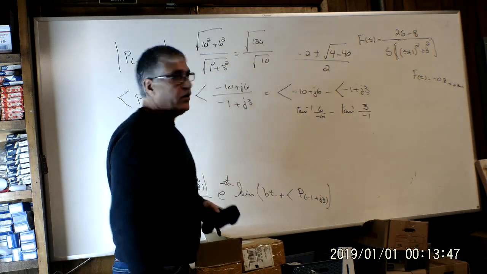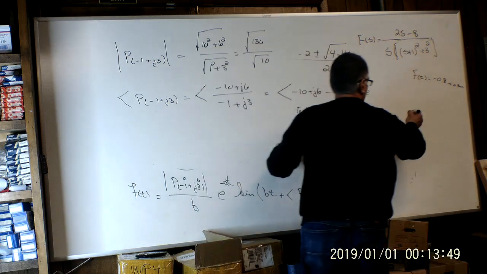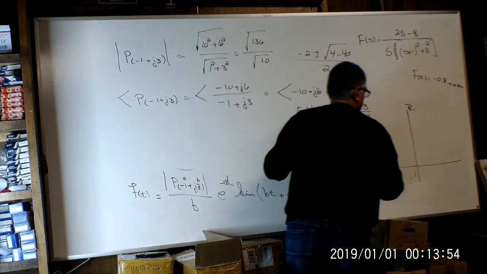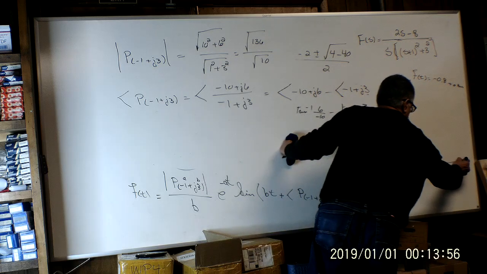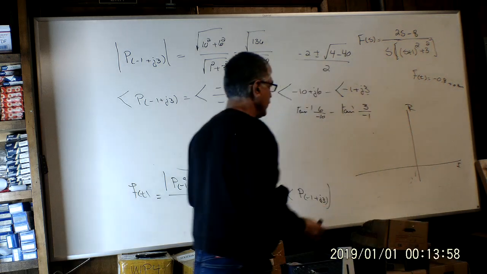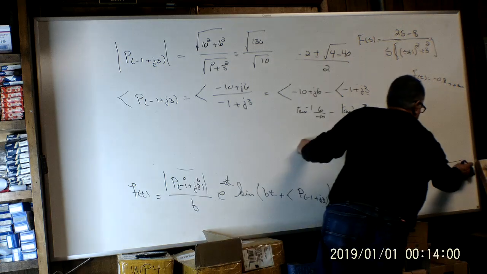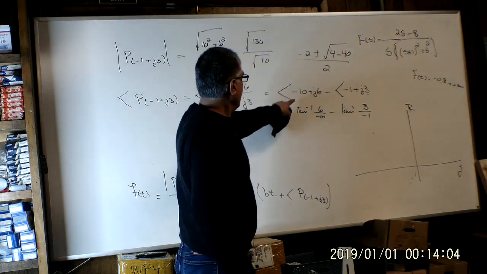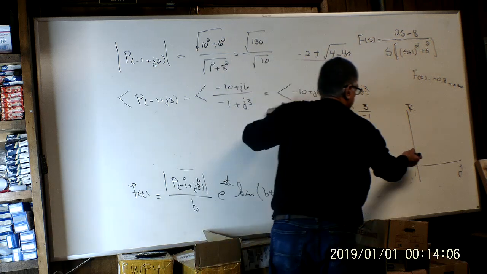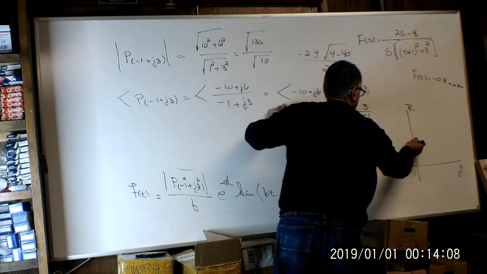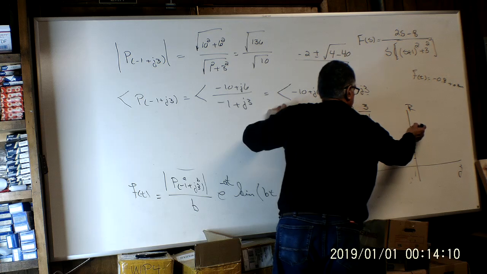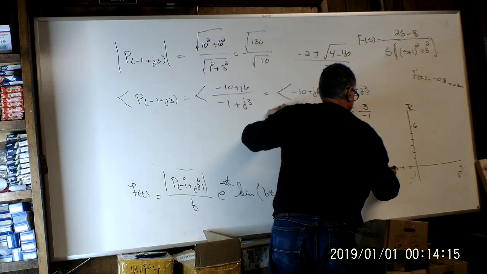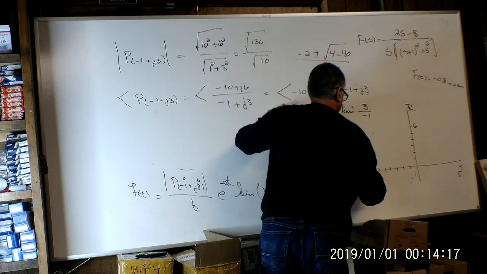So if we assume that this is our real axis and this is our imaginary axis j, here we have minus 10 plus j6. 1, 2, 3, 4, 5, 6. This is 6. And 1, 2, 3, 4, 5, 6, 7, 8, 9, 10.